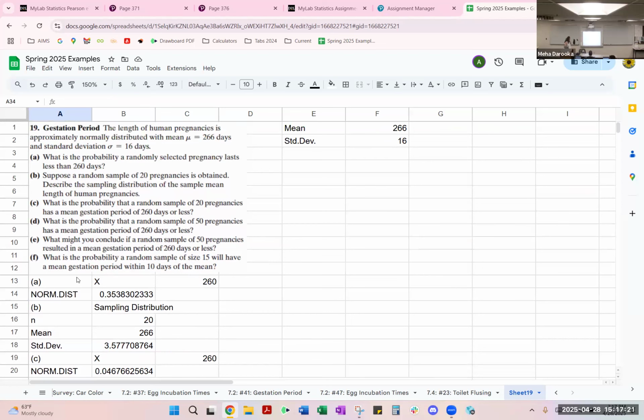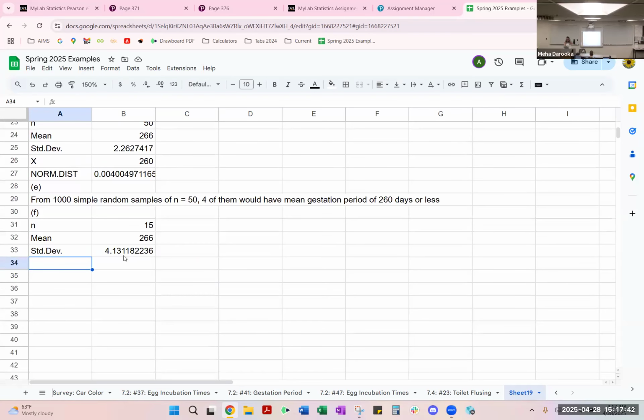They're telling you, what's the probability if we took a random sample size of 15 that the gestation period would be within 10 days. Are we doing above or below or both? Yeah, exactly, because when they say within 10 days, you're doing both ends.